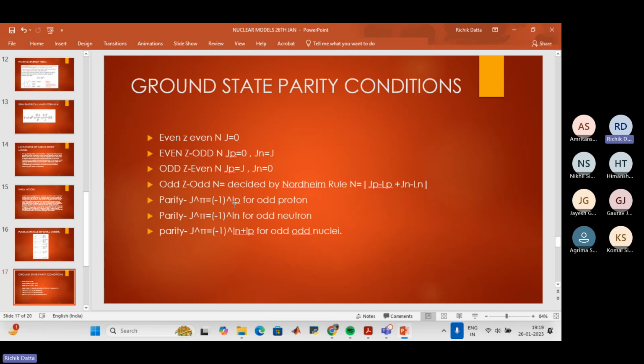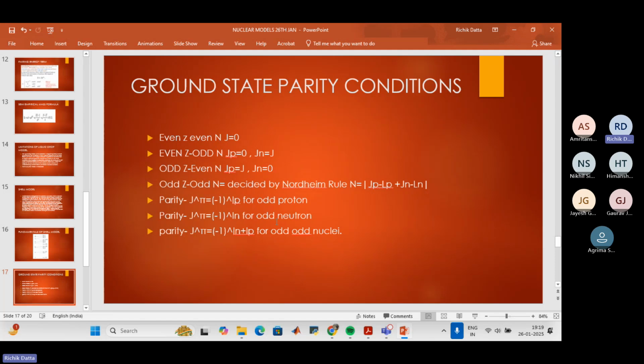For the 1d 5 by 2 state, d will be 2, so minus 1 squared, that is plus 1. So the parity will be even. If the F state comes, F equal to 3, so minus 1 to the power 3, that will be minus 1. So the parity will be odd.